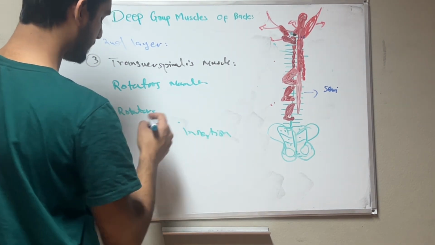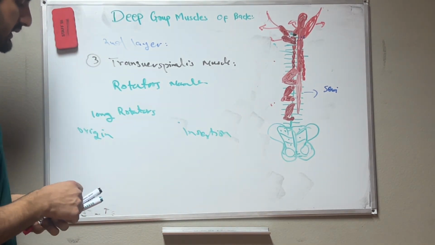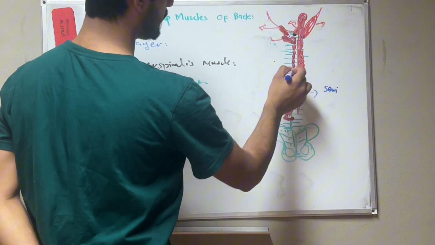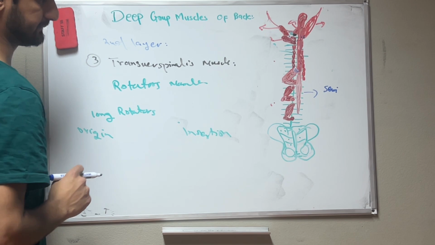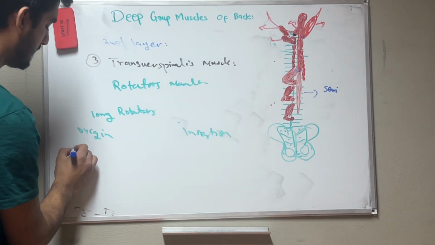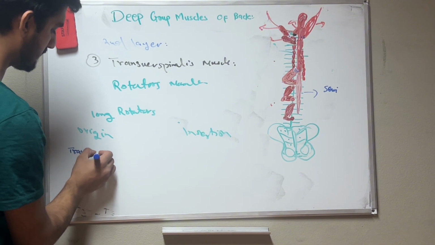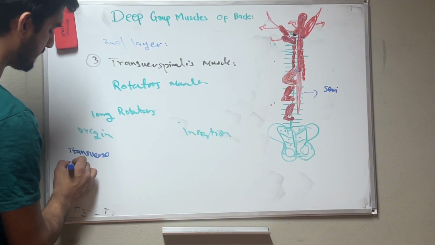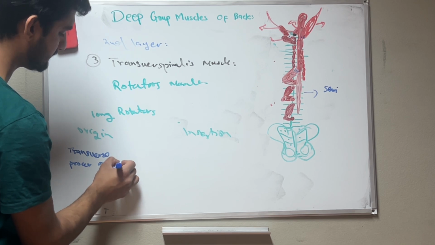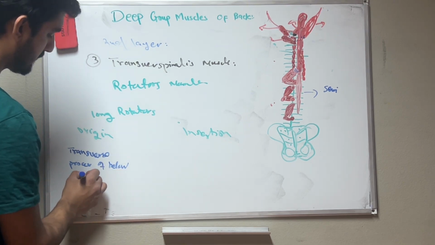Now I will show here the short and long rotatorus. This is a long rotatorus, which originates from the transverse process of the below vertebra.